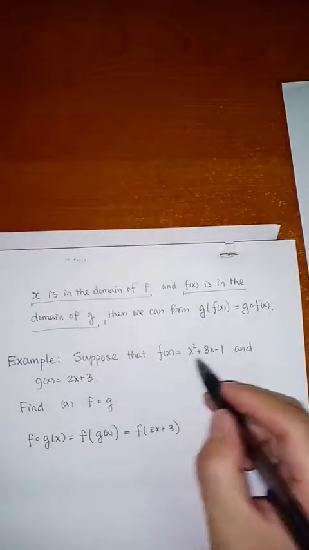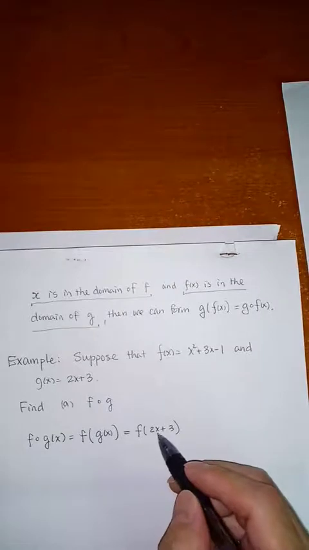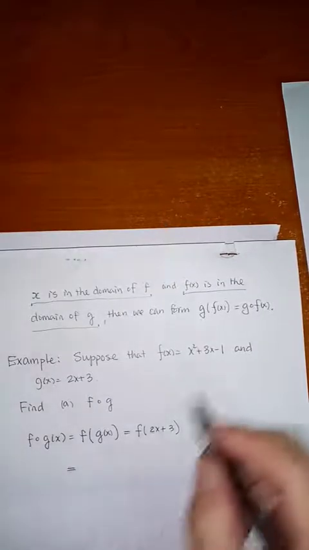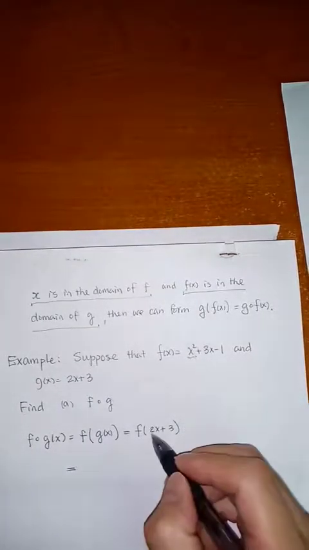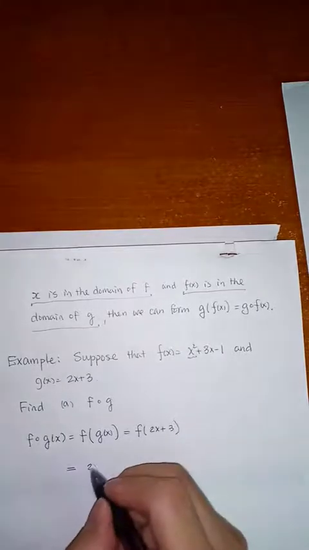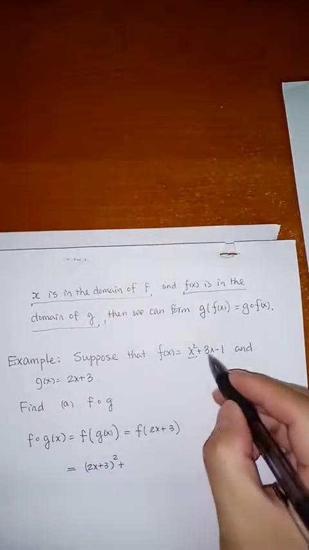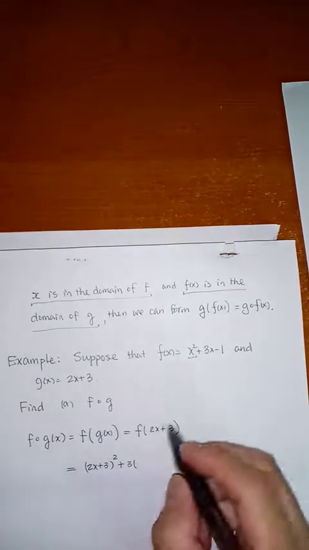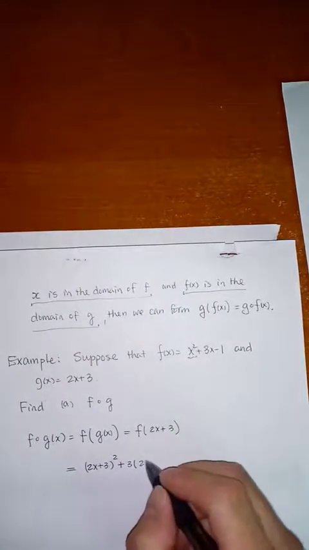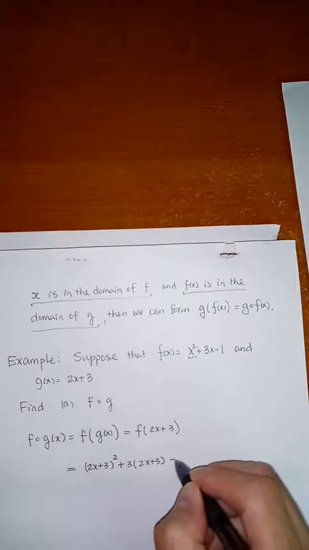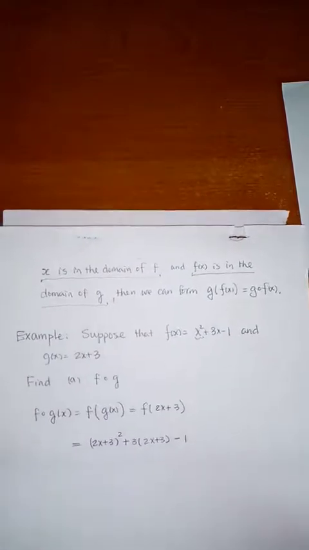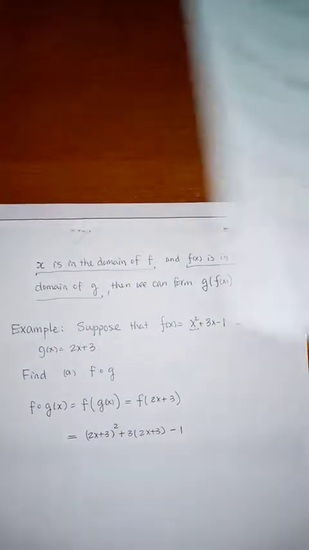And f(x) is this, so f of 2x plus 3 means whenever you see x, you're going to use 2x plus 3. So you get (2x plus 3) squared plus 3. 3 is a number, you copy it. And then you see x, you copy 2x plus 3 and minus 1. Minus 1 is also a number.